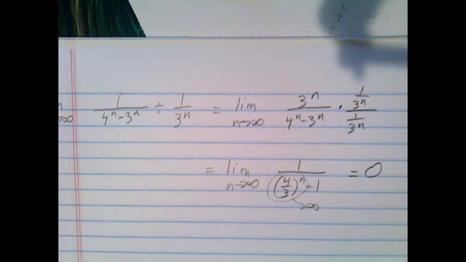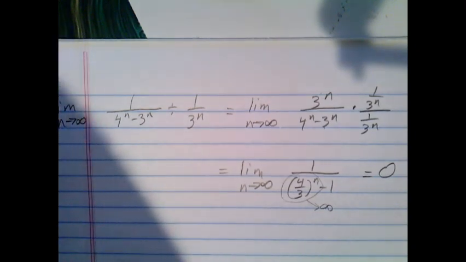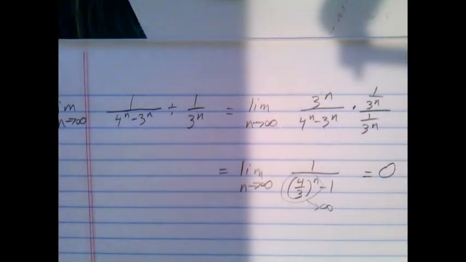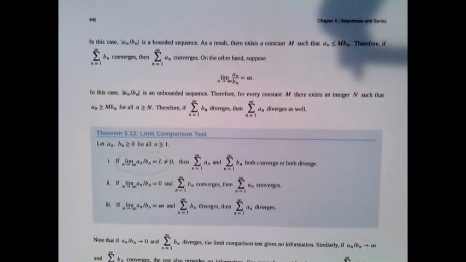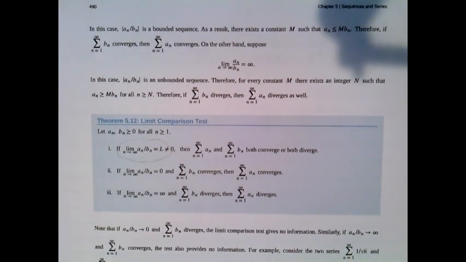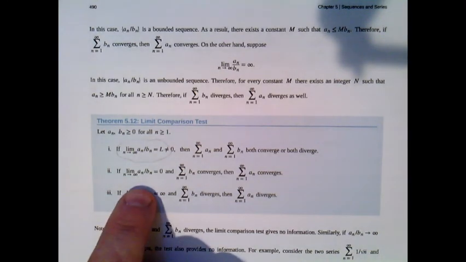Now, we've been using the first case of the limit comparison test, which requires that we get an answer that's not 0. But there is actually another case that covers how we might interpret it if the limit is 0. It's case 2 here.